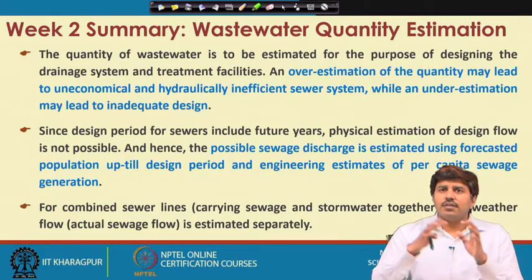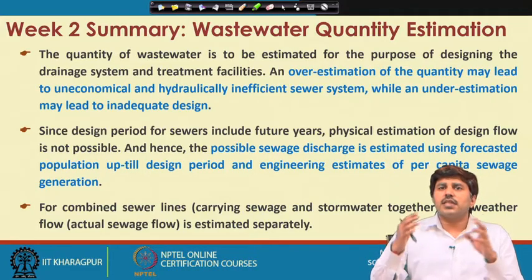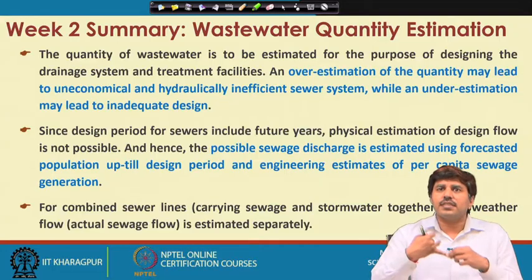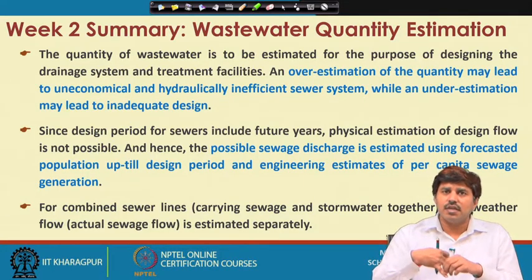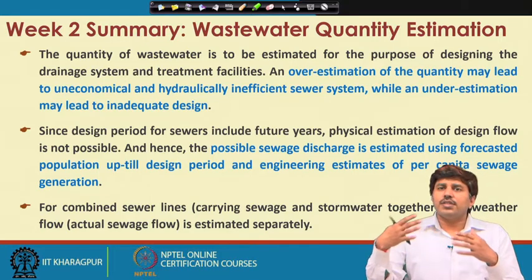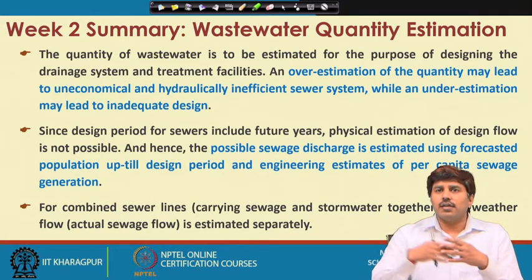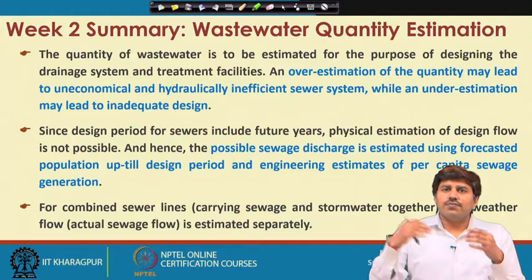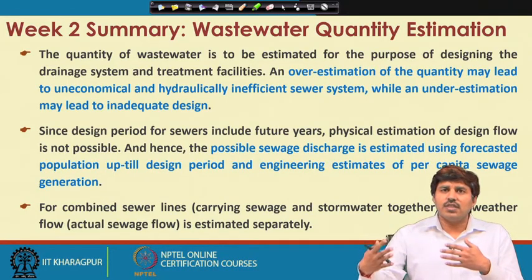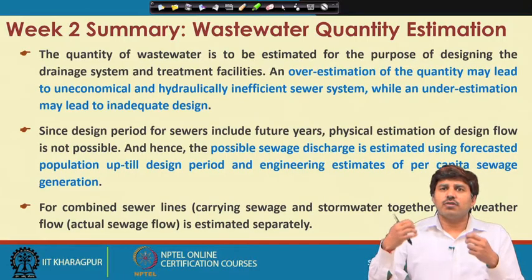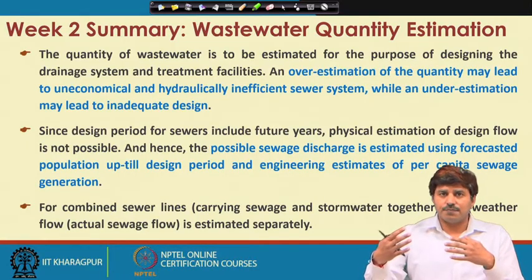So, there are engineering estimates done for the per capita sewage generation, which is usually based on the per capita water consumption, and then what is going to be the population during that time. So, if your design period is say 30 years, what is going to be the population at the end of 30 years requires some sort of population forecasting.